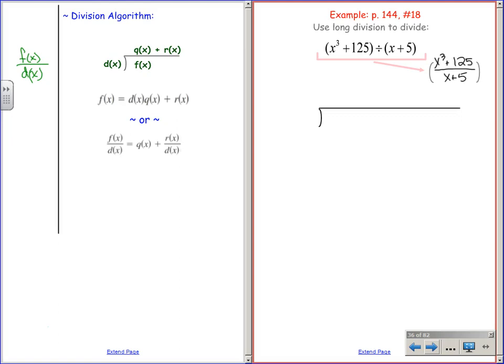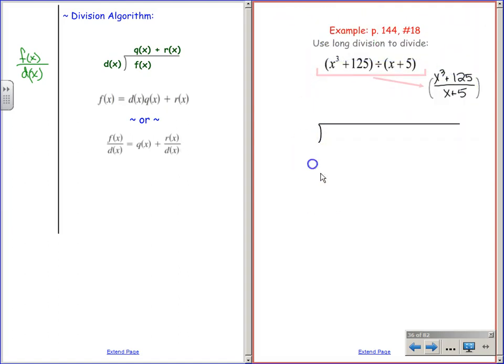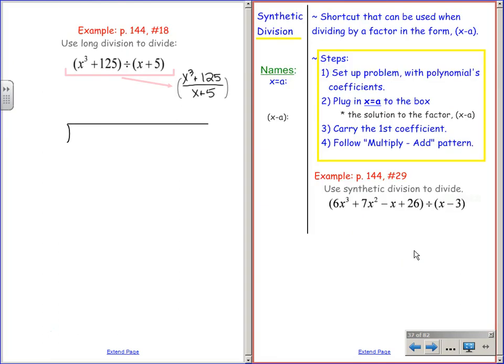But this one has an x to the 1, so we could use synthetic on this one. But we're going to review long division first. And I know the directions are up above, like on the ceiling almost, but technically the directions do say use long division to divide. Yes, oh, there's synthetic.